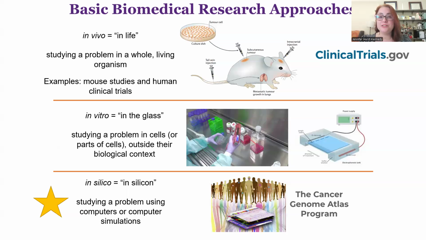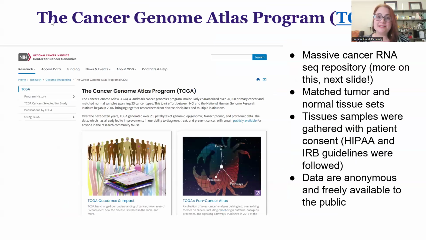And we're going to be using a resource called the Cancer Genome Atlas. The Cancer Genome Atlas is a massive online repository that contains genomic data from cancer patients. Primarily, these data are going to be something called RNA-seq, which is short for RNA sequencing, and I'll explain what that is in just a minute.